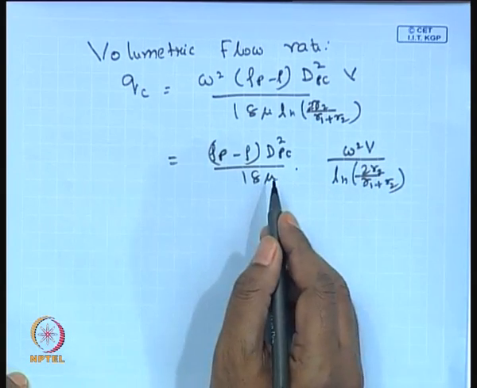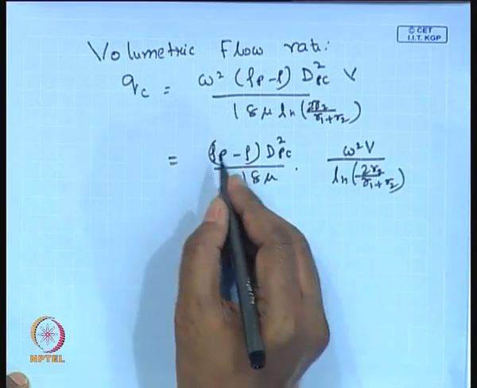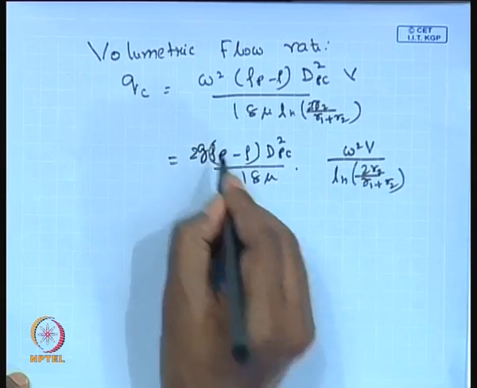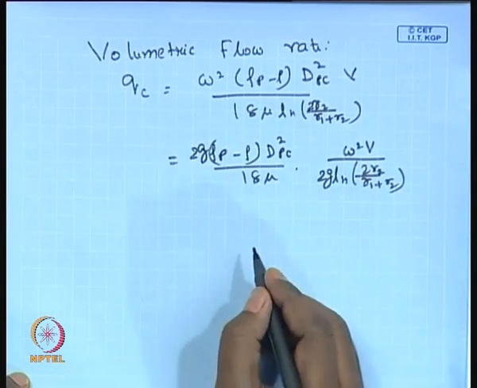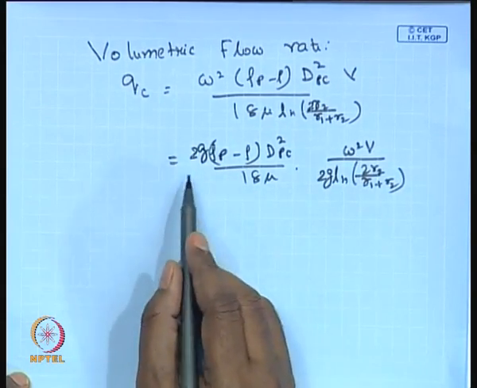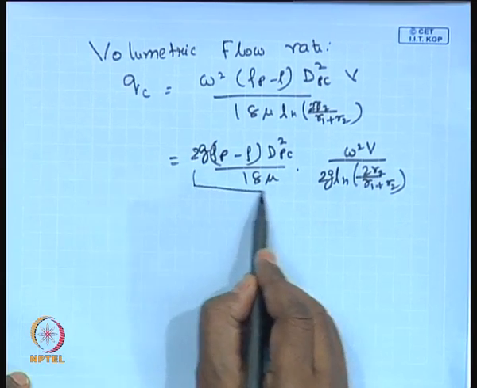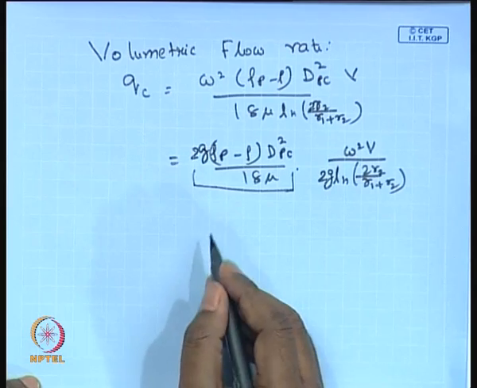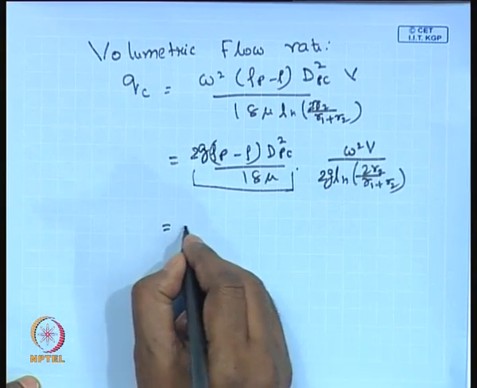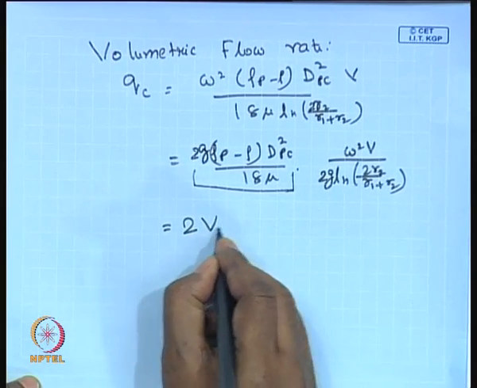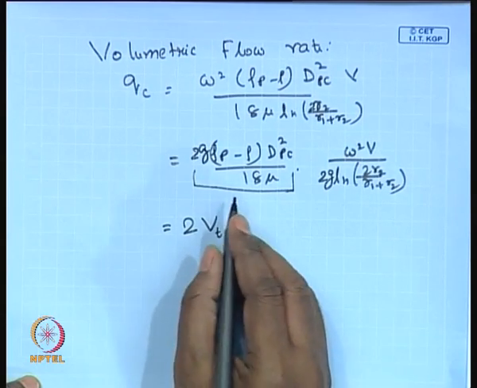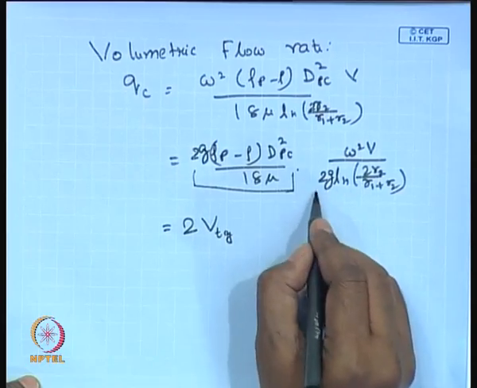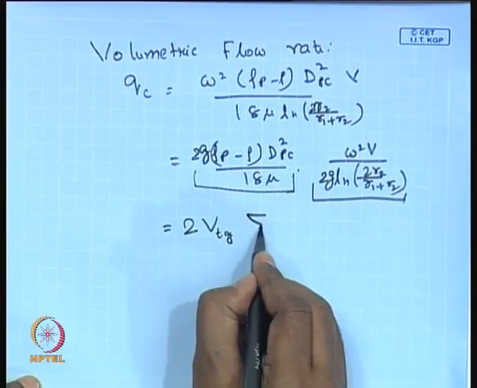Now, multiply the denominator and the numerator by g. So, 2g. It becomes 2g there, becomes 2g here, and what is this? If you remember, this value is nothing but 2 times the terminal velocity due to gravity. So, this will be nothing but 2 vTG multiplied by sigma.